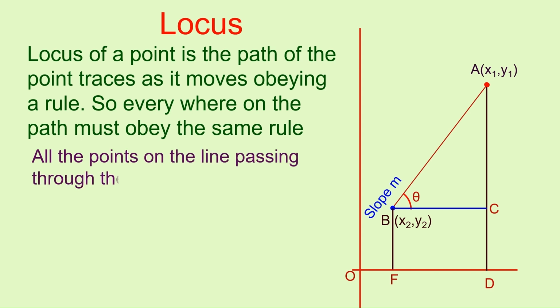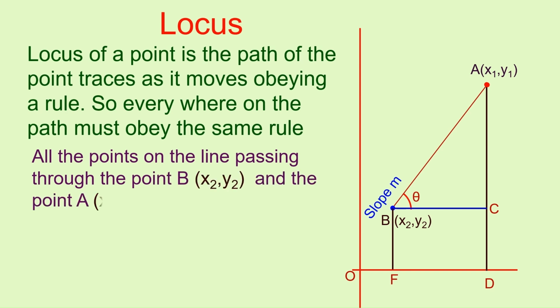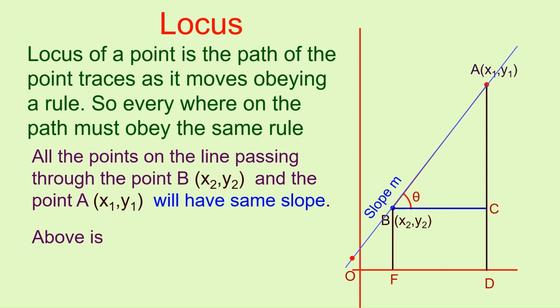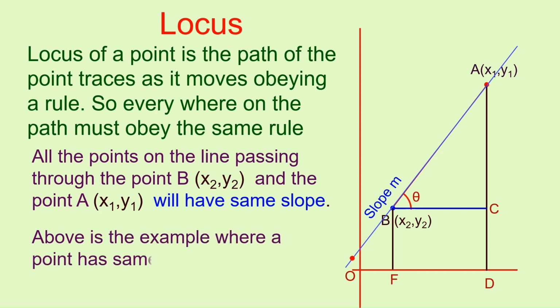All the points on the line passing through the point B (x2, y2) and the point A (x1, y1) will have the same slope. This is one of the examples where a point has the same slope from B to A.